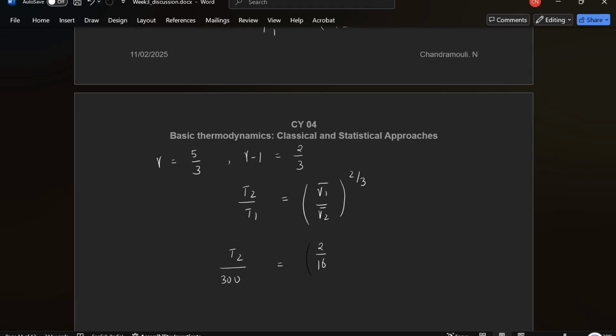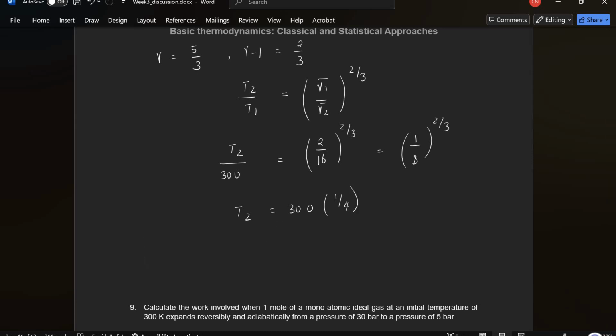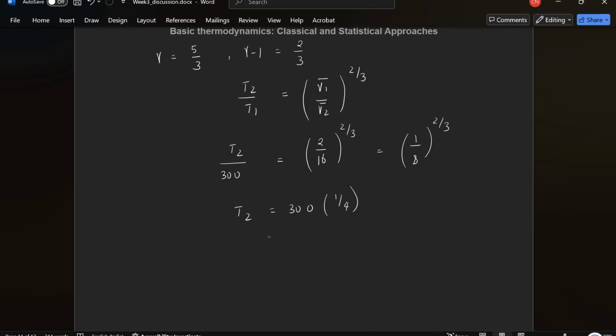So 2 by 16 to the power 2 by 3 is basically 1 by 8 to the power 2 by 3, which is 1 by 4. So T2 is equal to 300 times 1 by 4, which is 150.